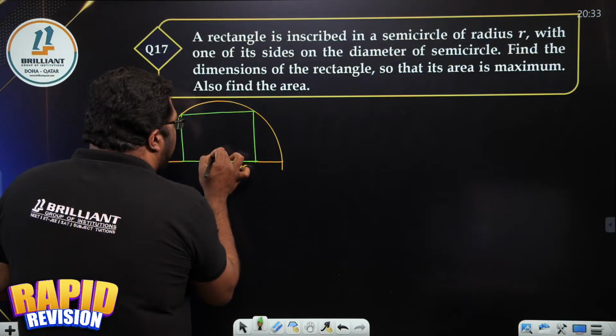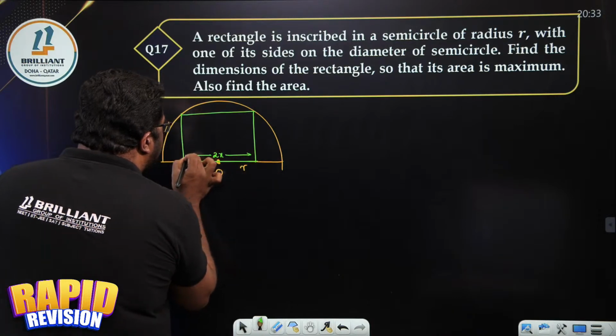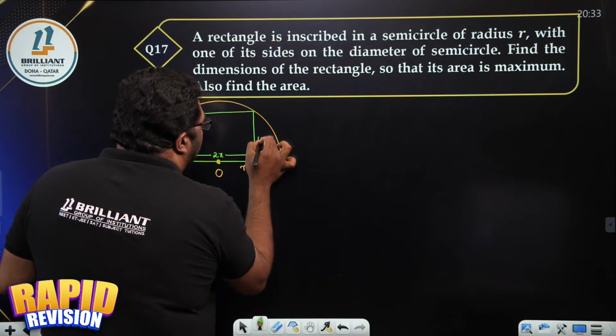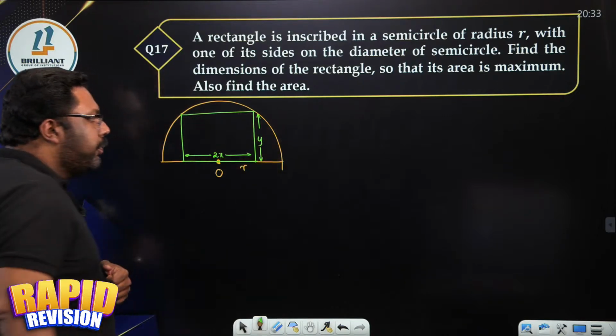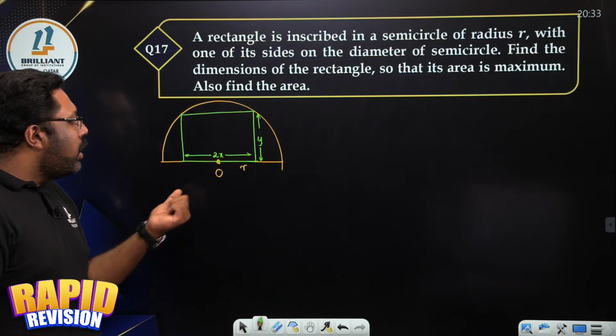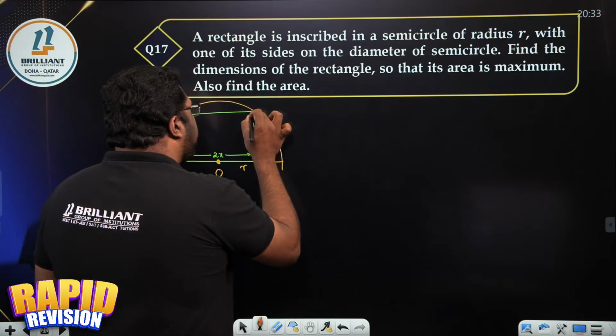So let the length of the rectangle be 2x and the width of the rectangle be y. I took it as 2x because I need to construct a triangle inside this.